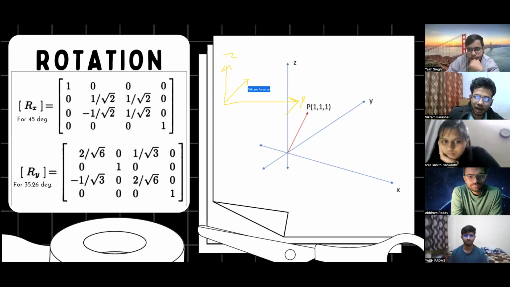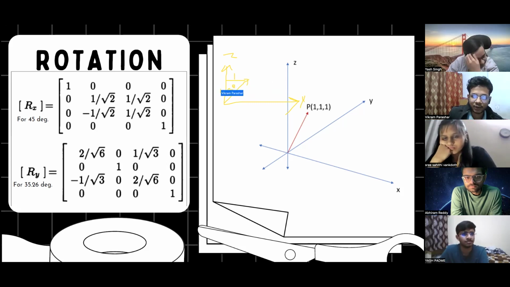How much should we rotate in this axis such that this vector starts facing the z direction? This value is 1, this value is 1, and by the Pythagoras theorem, this becomes root 2.